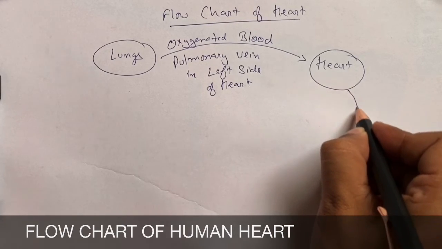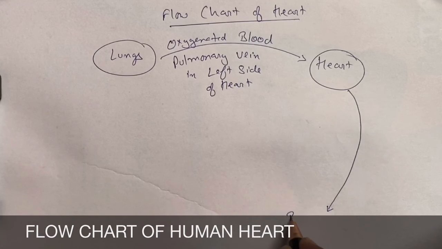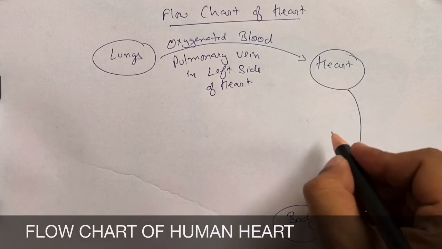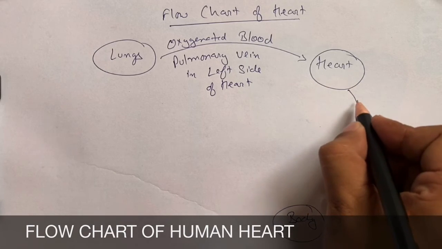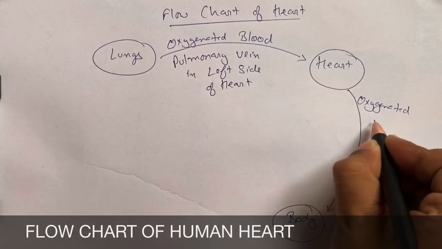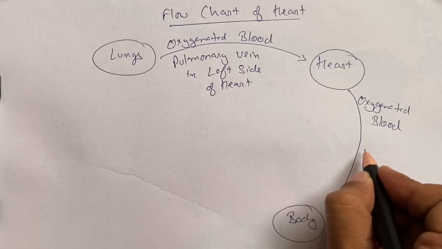Now blood from heart is sent to body. This blood is oxygenated blood. It is sent through aorta.